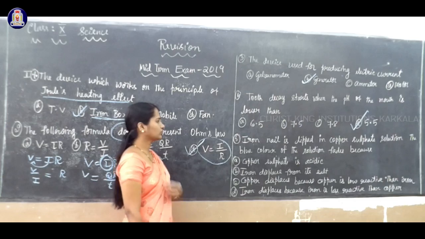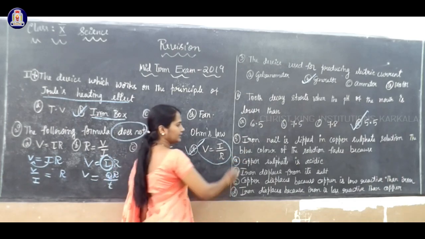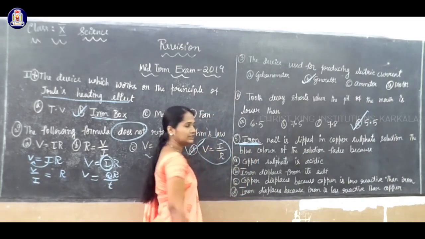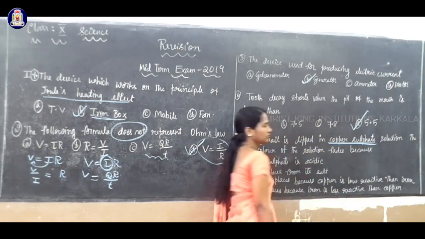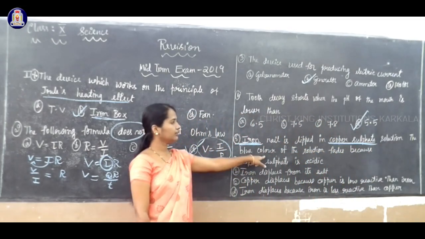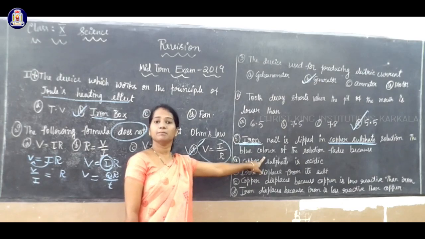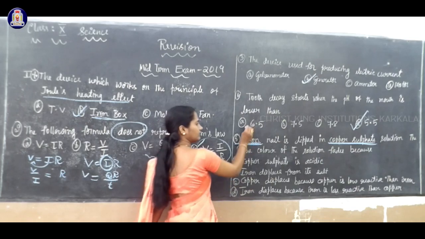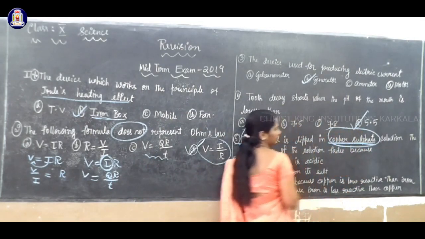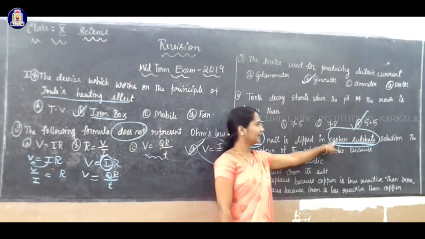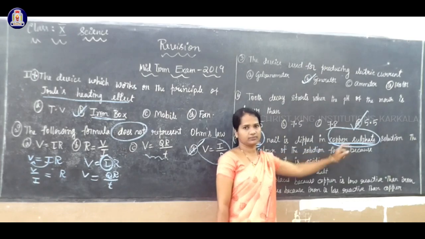Next multiple choice question. Iron nail is dipped in the copper sulfate solution. The blue color of the solution fades. Because of the reaction between the iron and the copper sulfate. This is the solution of a metal salt, copper sulfate solution.